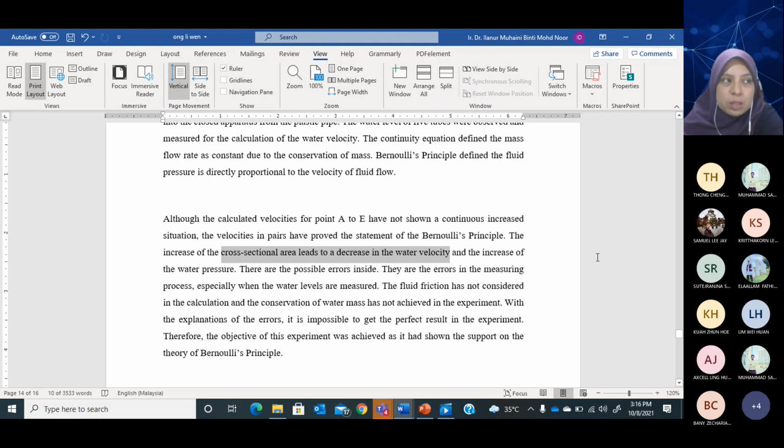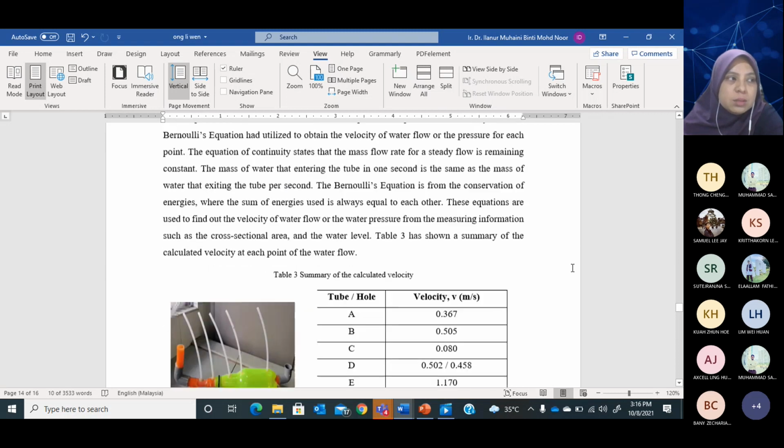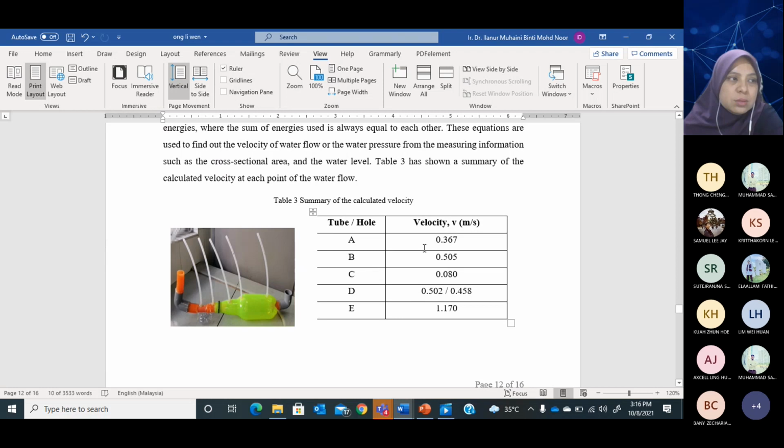This statement is correct. But in the data here, the small area at A has a small velocity, so this should be on top.